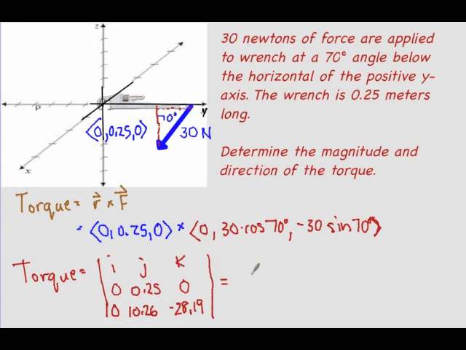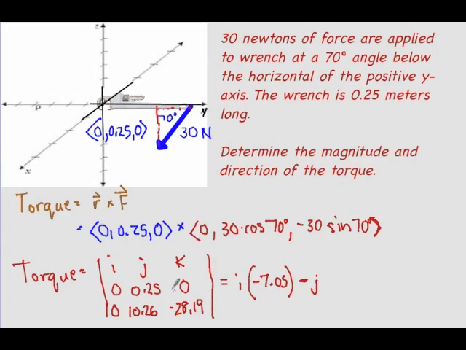And again, we're going to do the same exact thing that we did in our first example with the area of the parallelogram. Just calculate our cross product. So we're going to first start with i. I'm going to say 0.25 times negative 28.19, and that's going to give us negative 7.05, minus j.